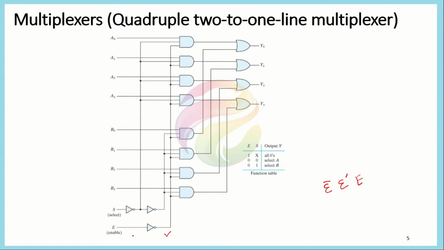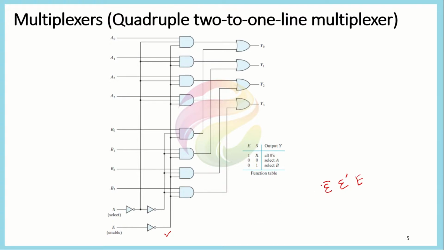The function of enable is that we just add an extra input to all the AND gates that are involved in the multiplexer circuit, and we connect them to the enable input. So if enable is say active high, then whenever the enable value is equal to 1, only then would we get any output.